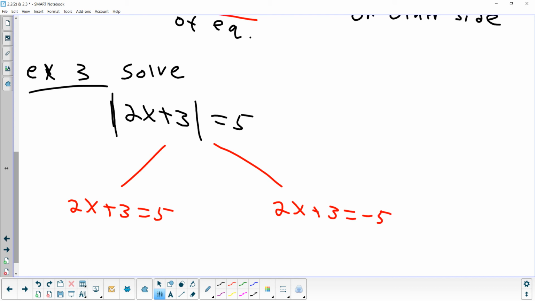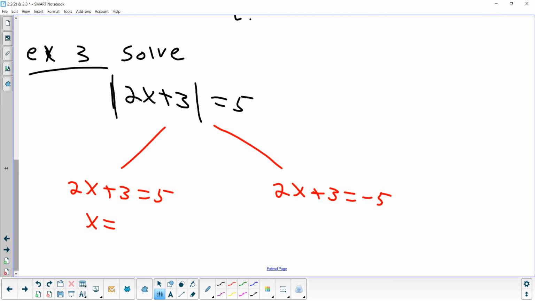Now, solve each one for x. In this case, you're going to get x equals 1. When you solve the other one, you're going to get negative 4.